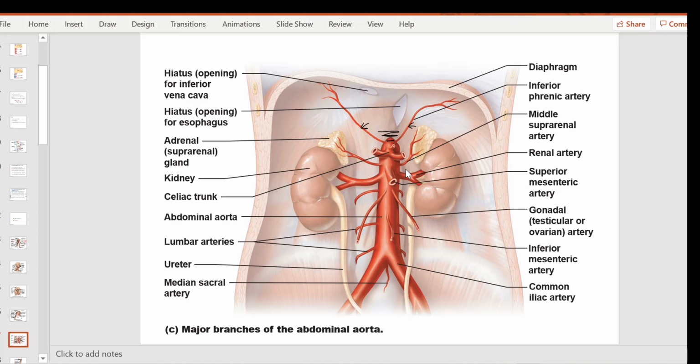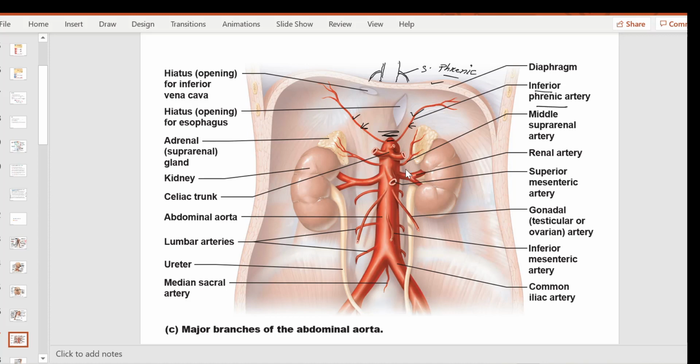You remember from the thoracic aorta, I just mentioned in the last slide, two phrenic arteries arise and go to the diaphragm. So those are superior phrenic arteries, right? Superior phrenic from the thoracic aorta supply blood to the diaphragm, and also from the upper part of the abdominal aorta, two inferior phrenic go to the diaphragm.